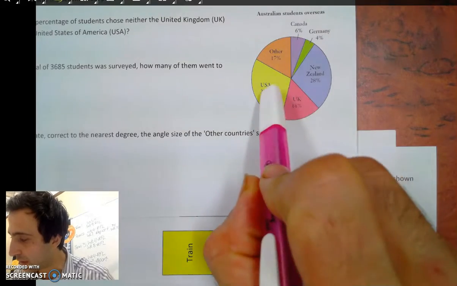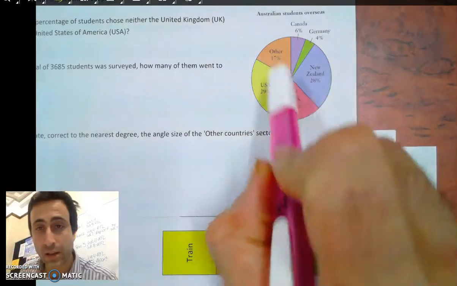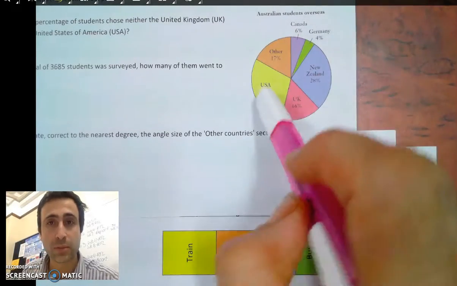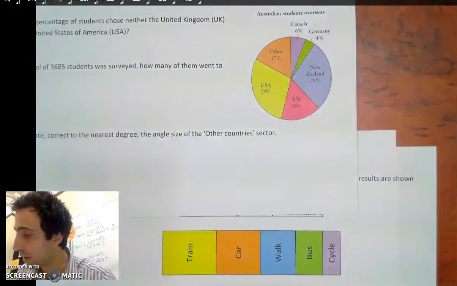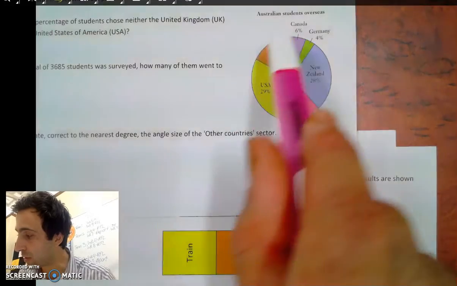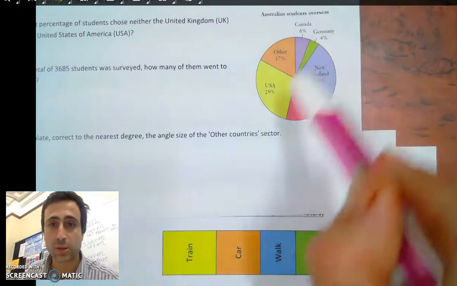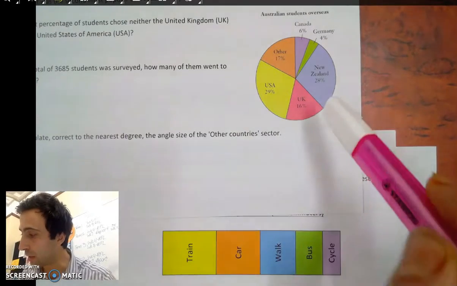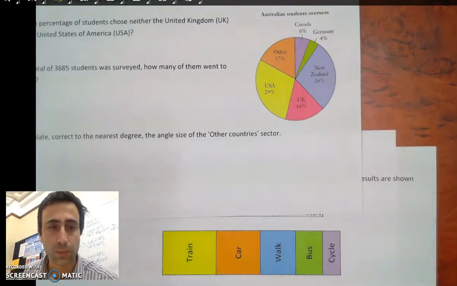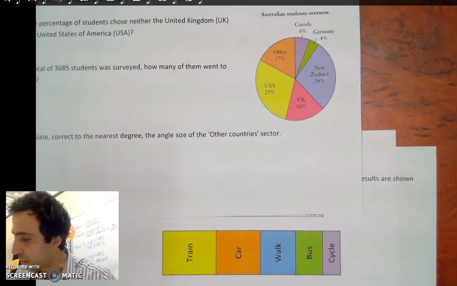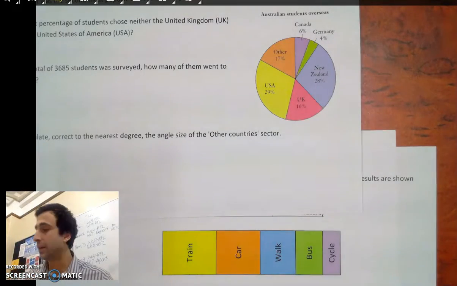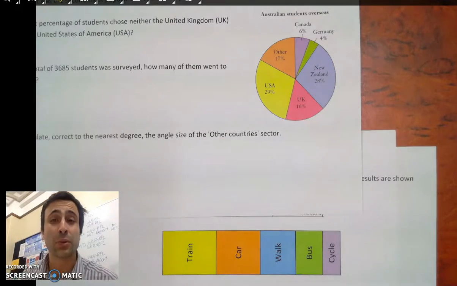Rather than having to measure the angle and figure it out yourself, it says 29% of this circle is represented by the USA. USA is Australian students overseas. 29% of Australian students are in the USA, 16% in the UK, and 28% in New Zealand, and so on. These are really great for showing a big burst of information all at once and leaving you with a quick impression.